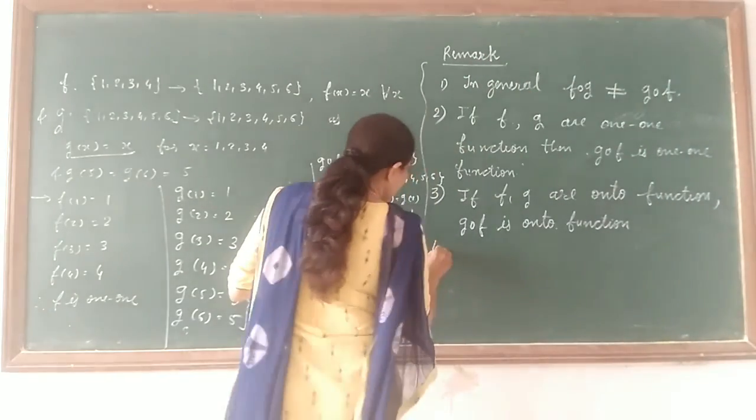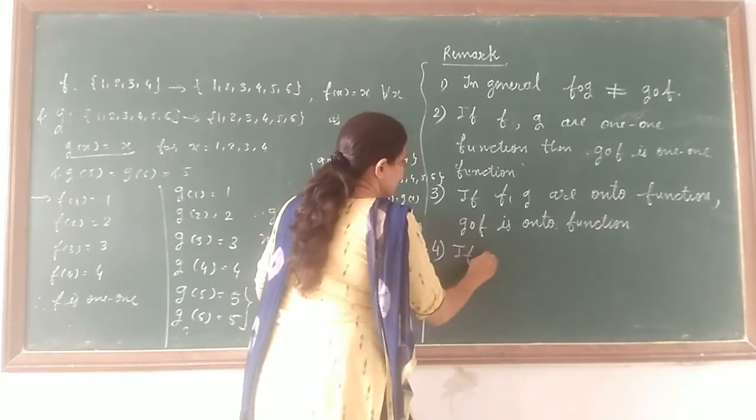So I can write down the fourth remark as: if g composed of f is 1-1, then f must be 1-1. Which function will be 1-1? The f.